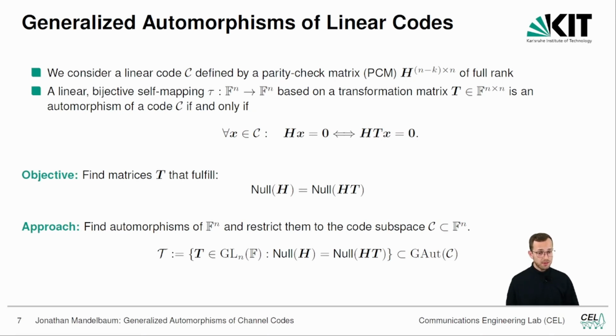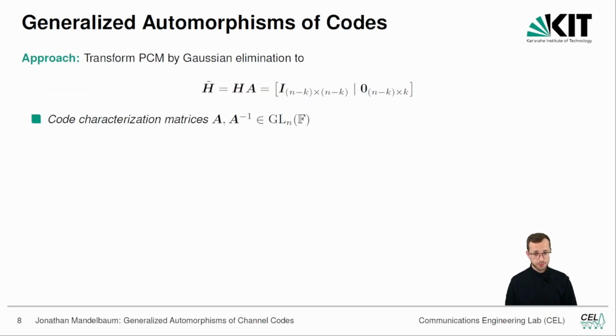And to formalize it, we want to identify the following set T, which consists of all non-singular matrices T, therefore matrices from the general linear group that leave the null space of H unchanged under right multiplication. To identify all those matrices, we first transform our parity check matrix by Gaussian elimination into a simpler form.